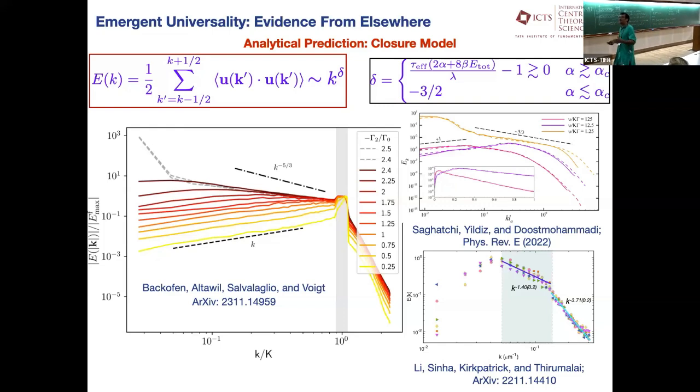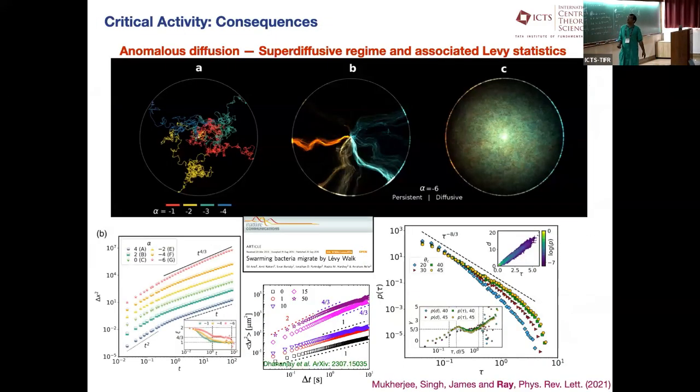And so -3/2 is just as good a fit as -5/3 is. These are works on epithelial tissue and on other active matter systems, which all show that as you become more and more active, you seem to collapse to this universal scaling form, which our closure theory tries to generate.